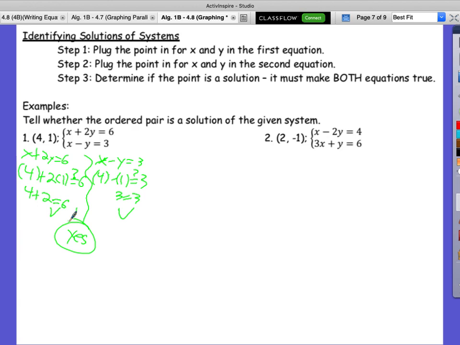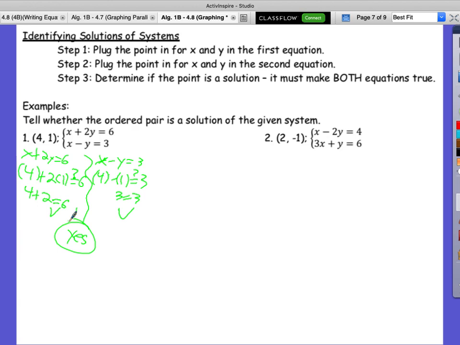I'm not solving for y, you're just plugging these in. Notice how we plugged 4 in for x, 1 in for y. So this one, we put 2 in for x. No, just 2, because the x goes away, because 2 is x.